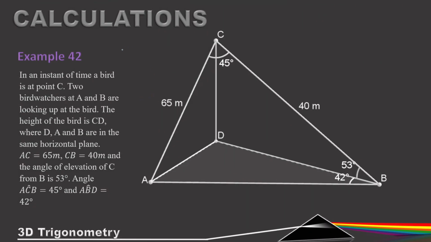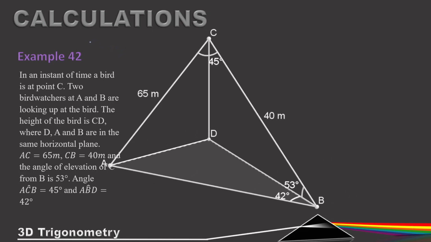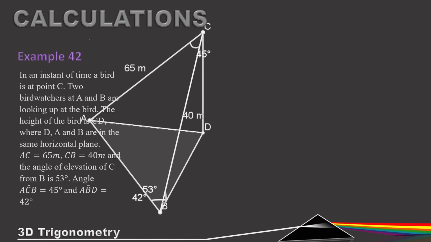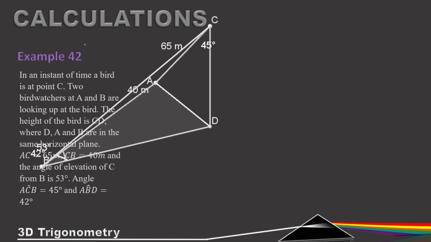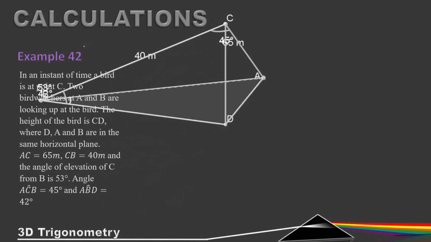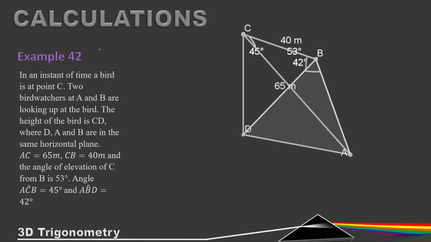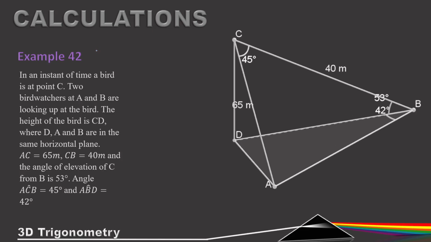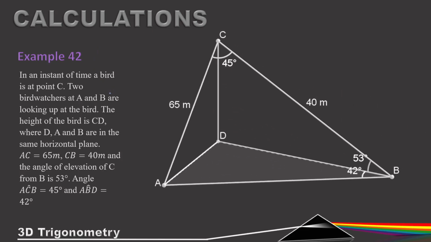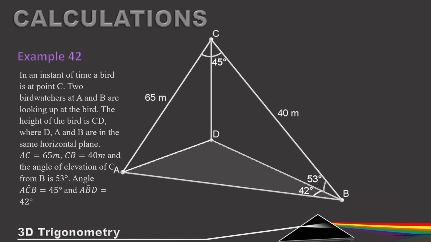All right, now the first example we're going to look at: in an instant of time, a bird is at point C. Two bird watchers at A and B are looking up at the bird. The height of the bird is CD, where D, A, and B are in the same horizontal plane. AC is 65 meters.